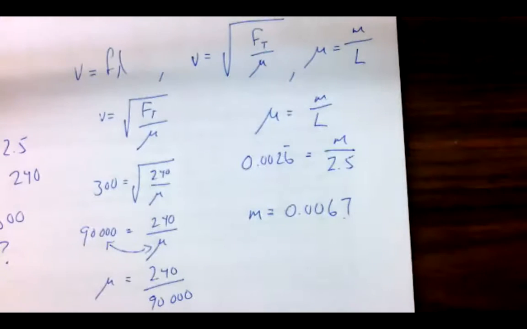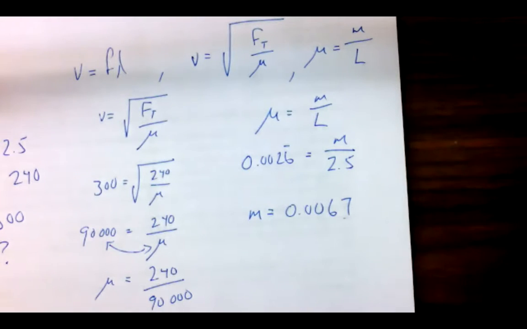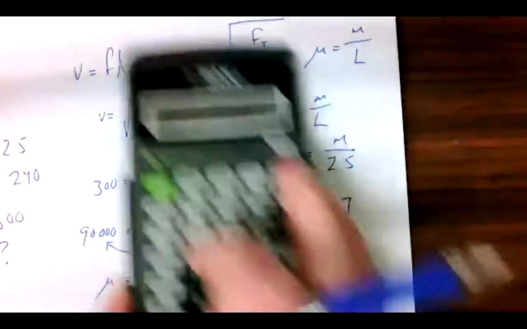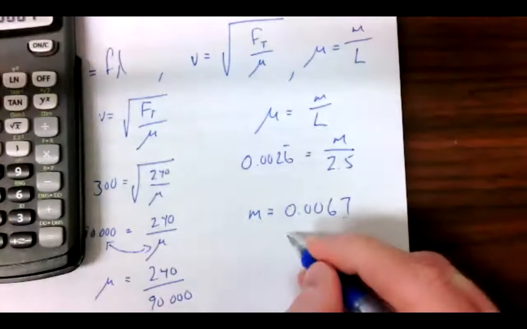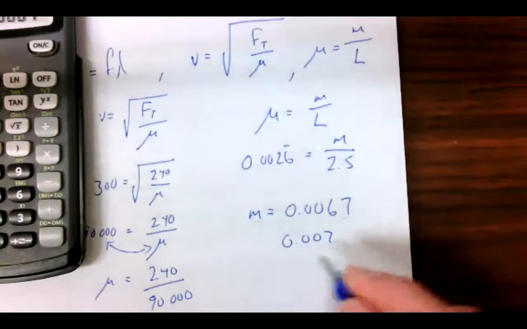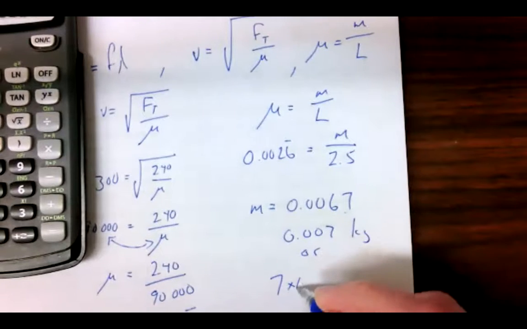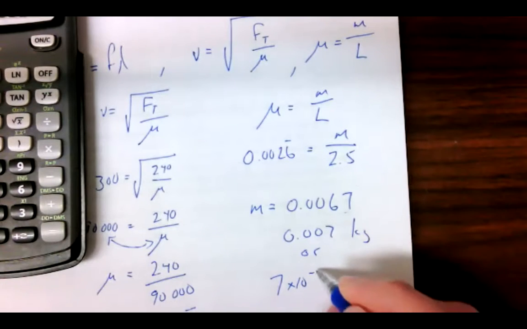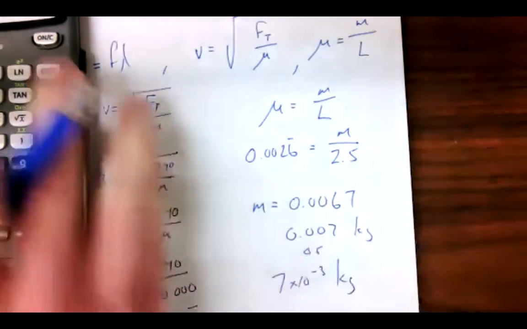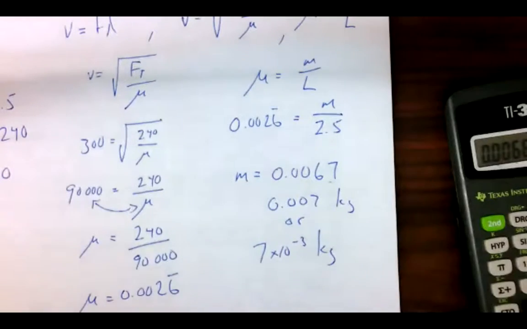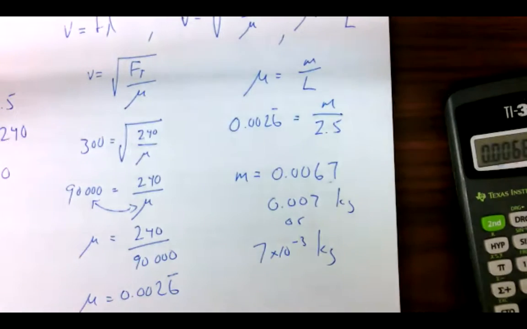Is that right? So let me make sure. No, it's 1 sig fig because it gave us the 300 meters per second. So it's going to be 0.007 kilograms, or 7 times 10 to the negative 3 kilograms. Textbook is wrong because of sig figs. Should have 2 sig figs.